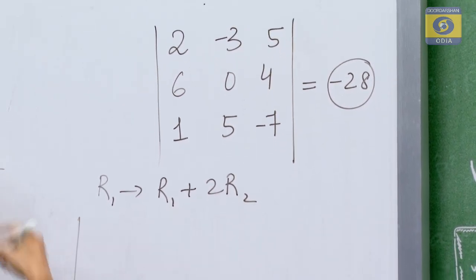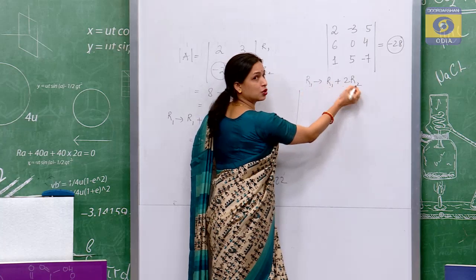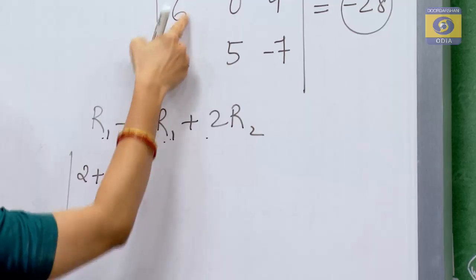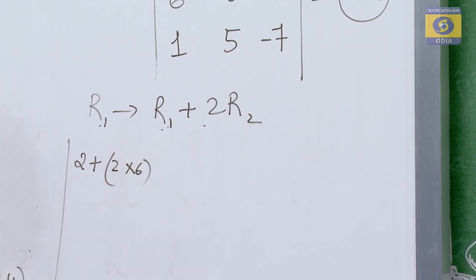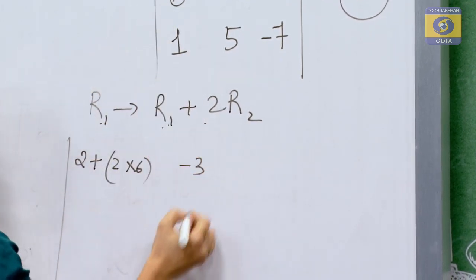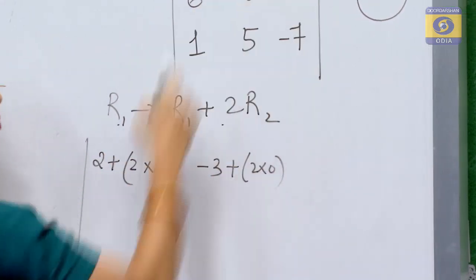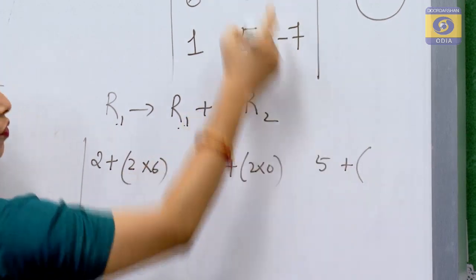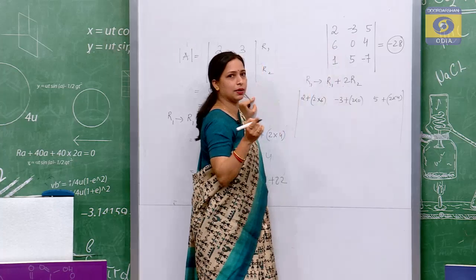So, if I convert it, row 1 is now row 1 plus 2 R 2, so that is 2 plus the corresponding row 2 element, that is 2 into 6, here again minus 3 plus 2 into 0, again here 5 plus 2 into 4, right, and the remaining elements remain the same.